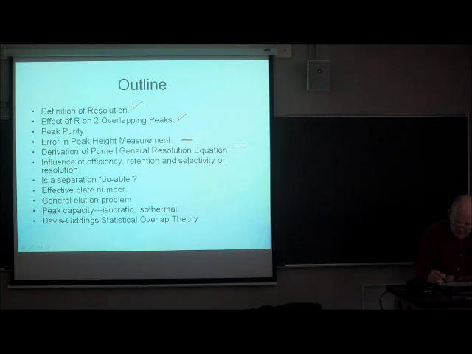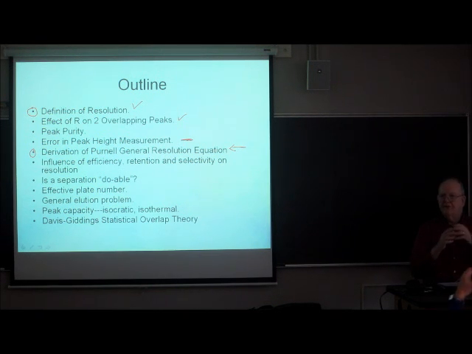And then I'm actually going to go through a derivation of the Purnell general resolution equation, which is really just a different form of the equation that defines resolution. It's an approximation, but it's an approximation written in a way which makes chromatographic sense, and a way which allows you to see what is the problem.